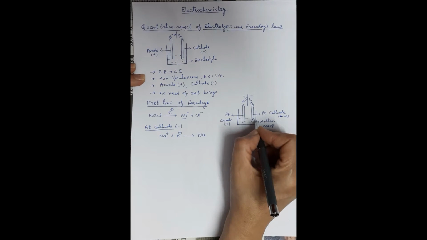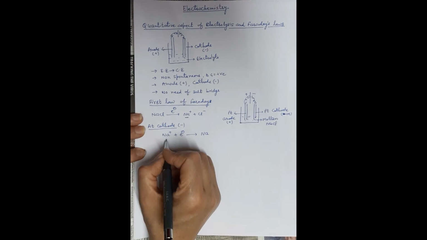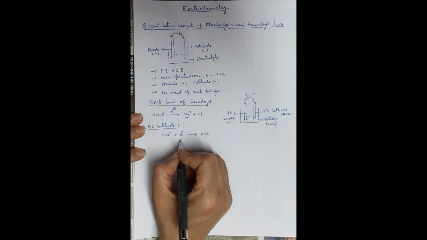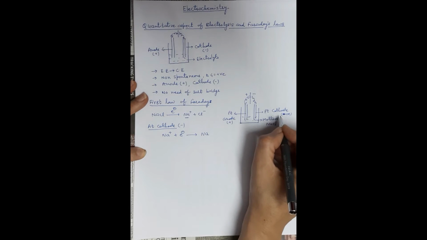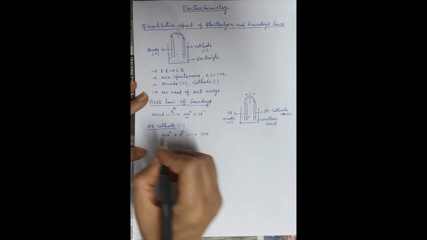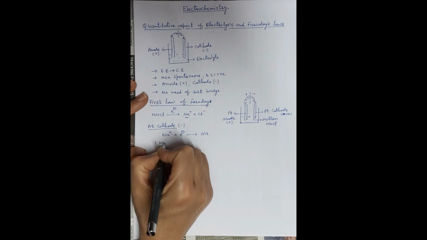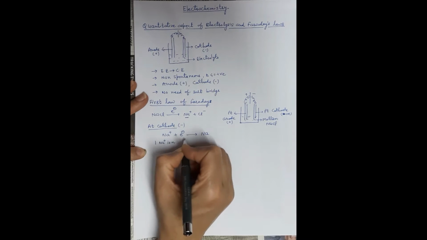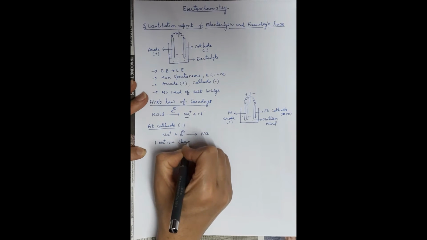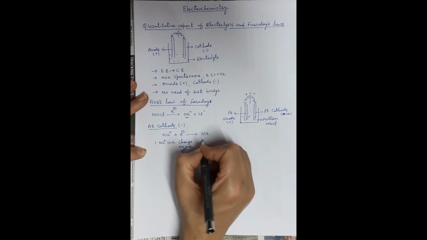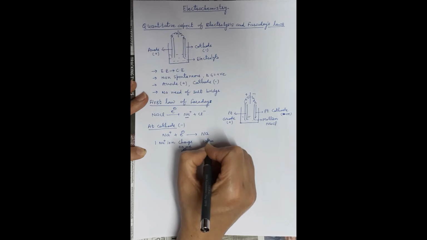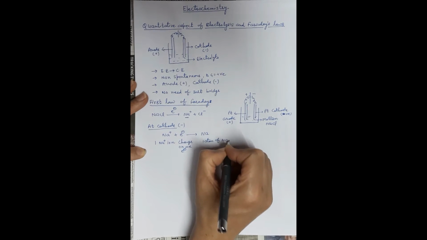Sodium metal is deposited at the cathode. When one sodium ion gains the charge present on one electron, then one atom of sodium is produced.